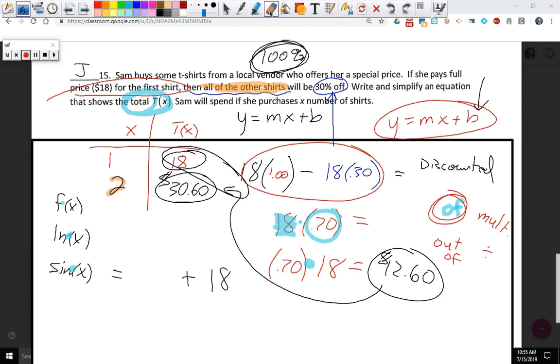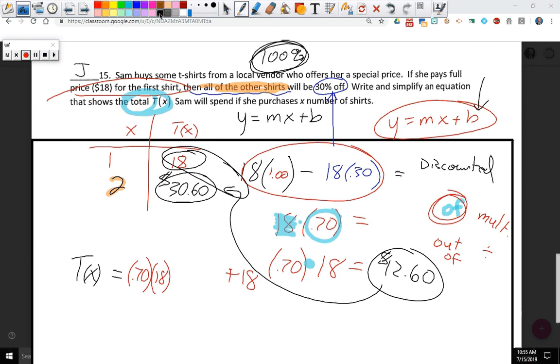Now, the total is going to depend on what all this equals. What's my M? 0.7, or 70%, of what? 18. This is my new rate. Otherwise, the 12.60, right?